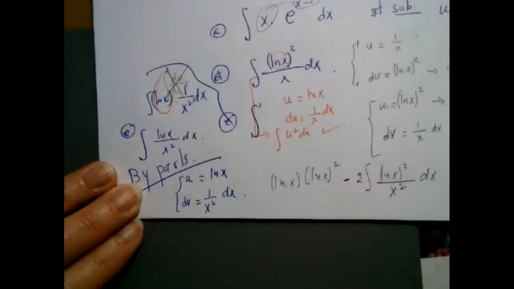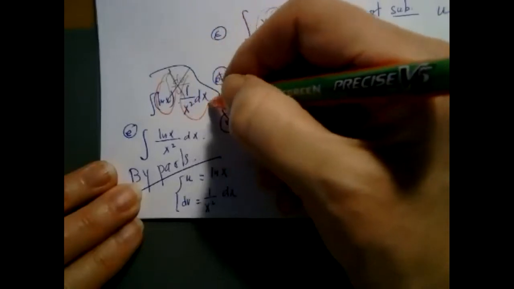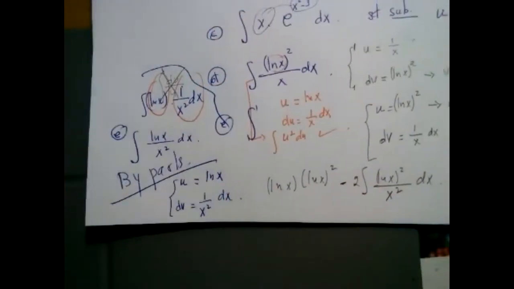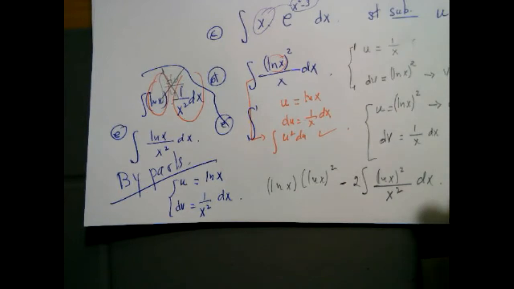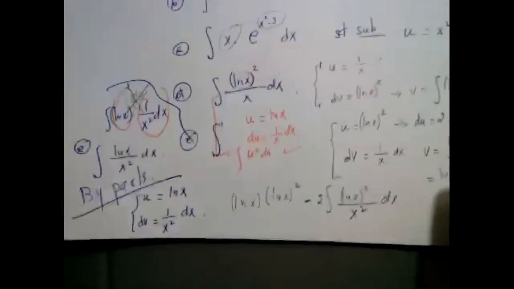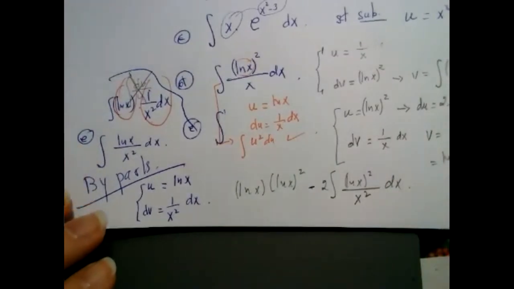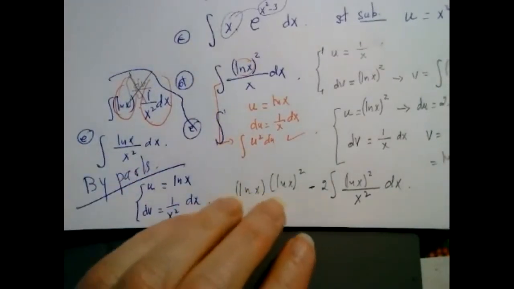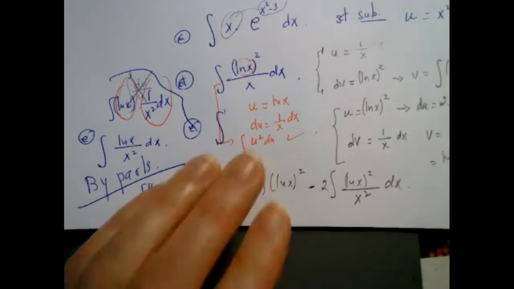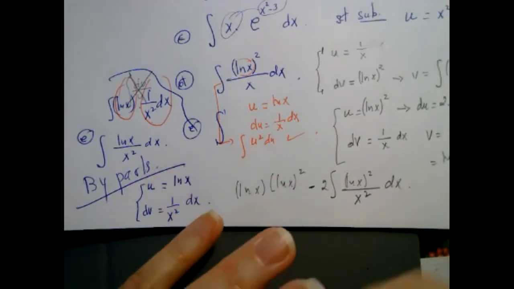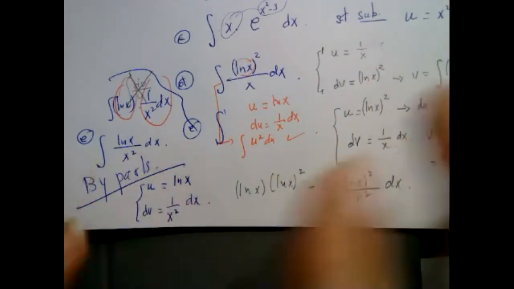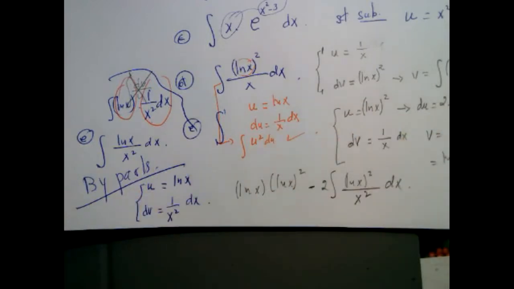If you pick this to be your u, 1 over x squared dx will have to be your dv. So this is just a quick recall for substitution versus by parts. And every time, usually, when we introduce a new integration technique, we're going to start mixing and matching, so you can decide what method you use in each scenario.